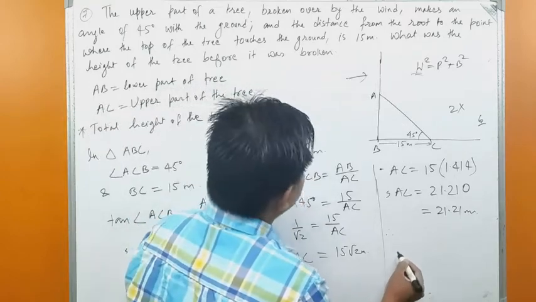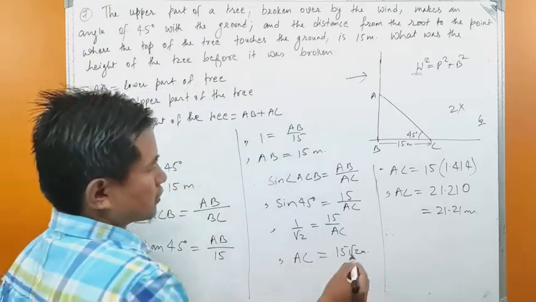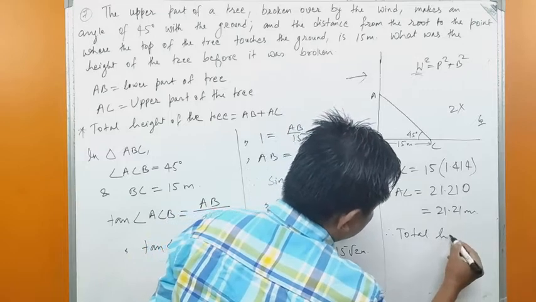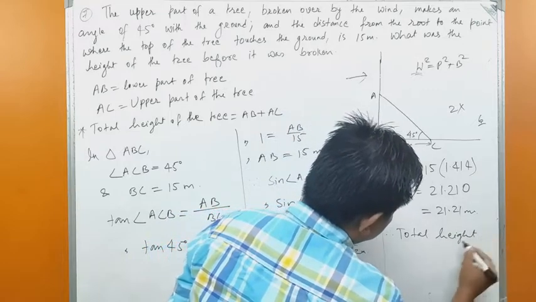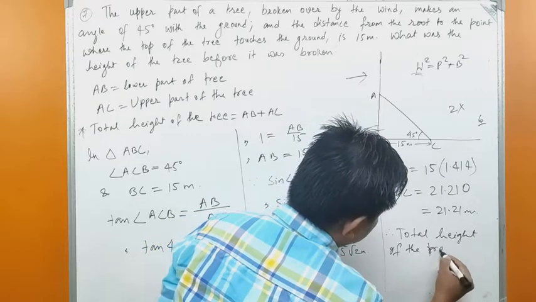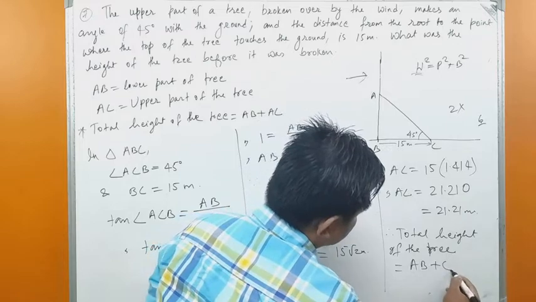So the total height of the tree is AB plus AC, isn't it? Total height of the tree equals AB plus AC.